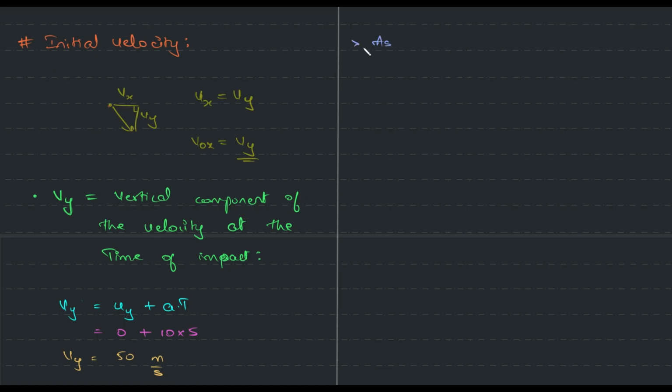As the angle of impact is 45 degrees, we can imply that v of x is equal to v of y. So v of x will be equal to 50 meter per second, and v naught of x will be equal to v of x, so all of them are 50 meter per second.